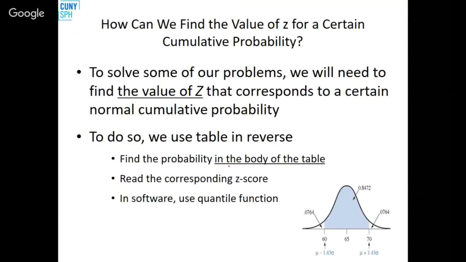You just look for that probability in the table and read the corresponding z-score. In software, it's a so-called quantile function. If you look at that norm.dist function in Excel, there's an option for whether you want the quantile or the probability. In R, it's Q norm for quantile and P norm for probability.